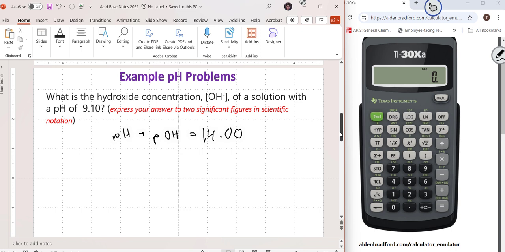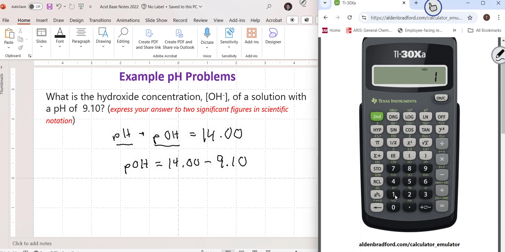So I know the pH, and I'm going to solve for the pOH by subtracting pH from both sides, and that I get pOH equals 14.00 minus our pH of 9.10. We can do that in our head or put it in our calculator. So we have 14 minus 9.1, and that equals 4.9.